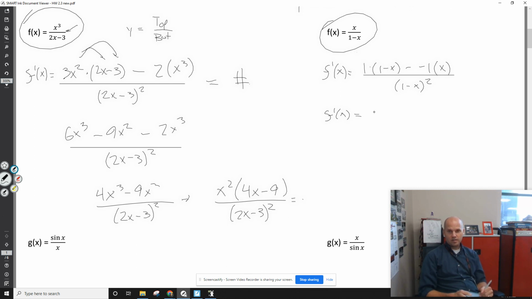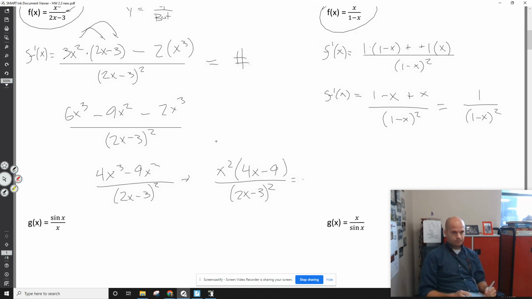And when you're required to simplify, you got to make sure you know how to simplify. And this is a nicely simplified one because the x's in the numerator will just go away, and we just have 1 over 1 minus x squared. So that's why we need to simplify, either for a multiple choice problem or we want to set derivatives equal to numbers.